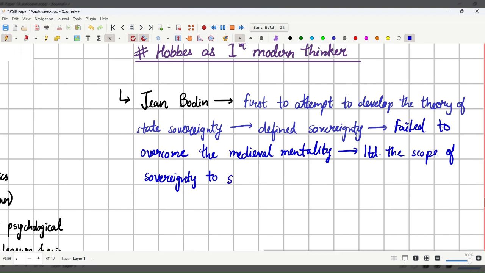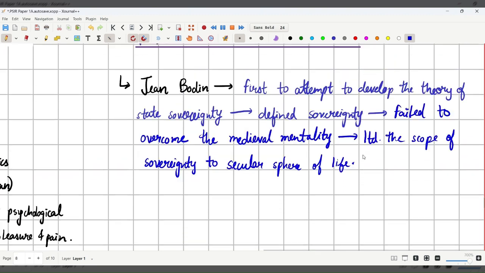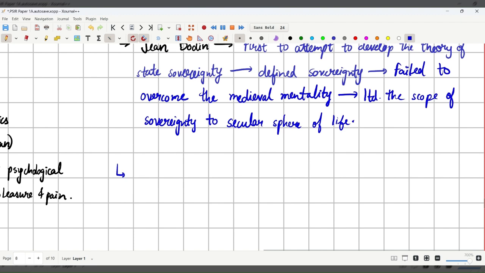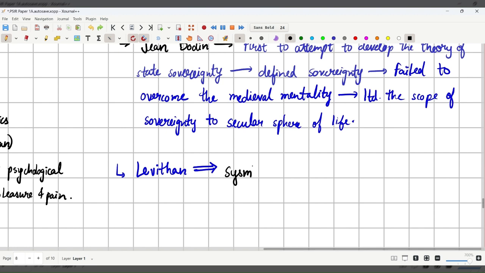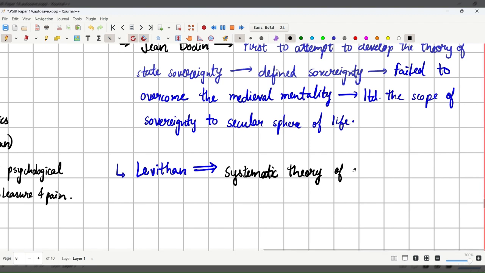Then the Hobbesian Leviathan gave a systematic theory of sovereignty.